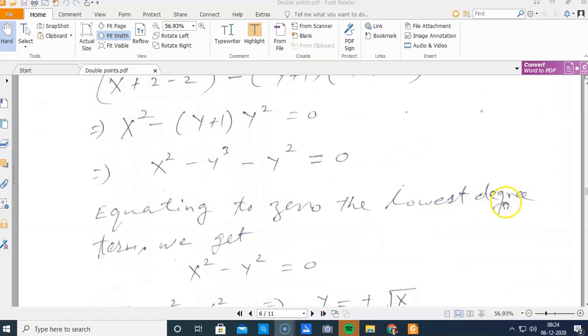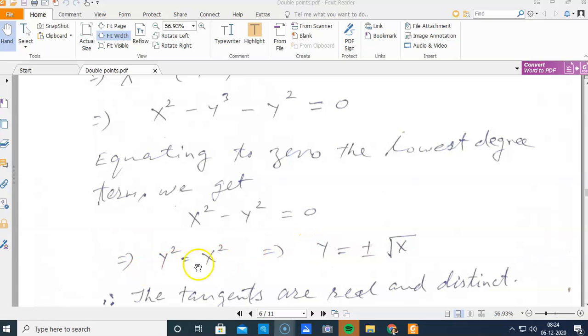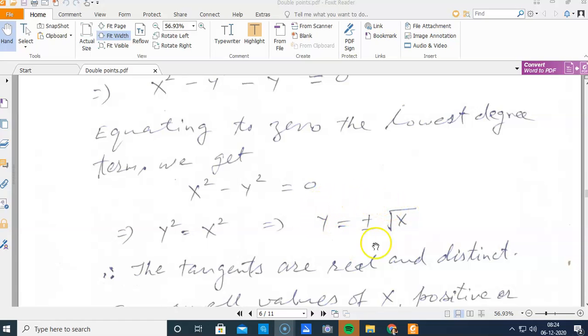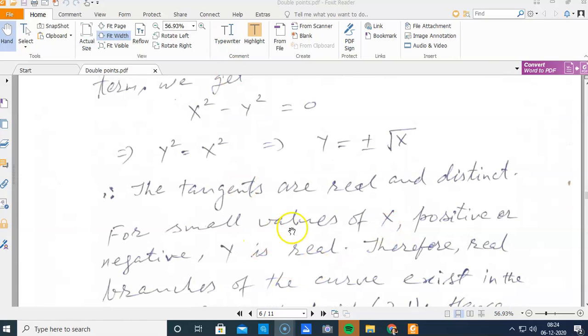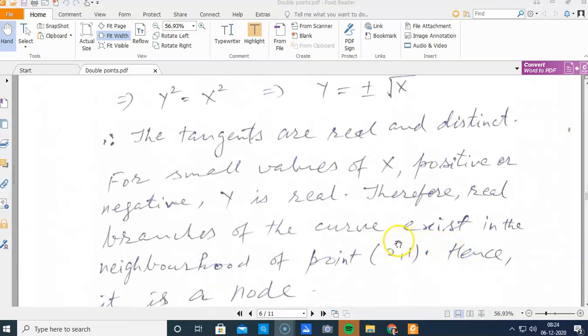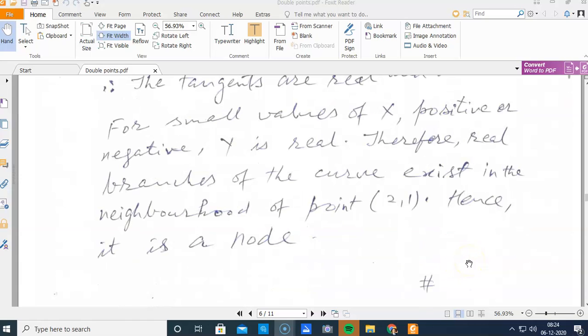Now equating to 0 the lowest degree term in this equation, that is X square minus Y square, to get the equation of the tangents, we get Y equal to plus or minus X. This gives two real and distinct tangents. Therefore the real branches of the curve exist in the neighborhood of the point (2, 1), and hence it is a node.